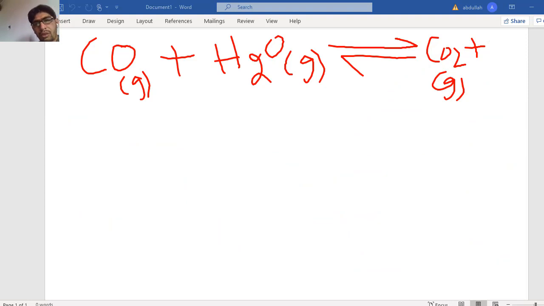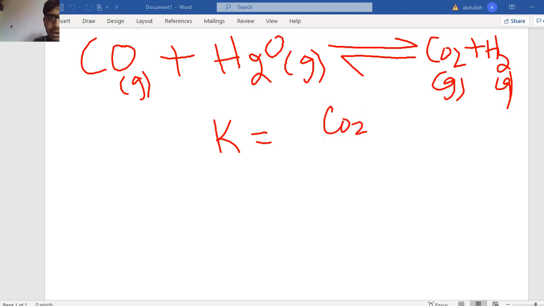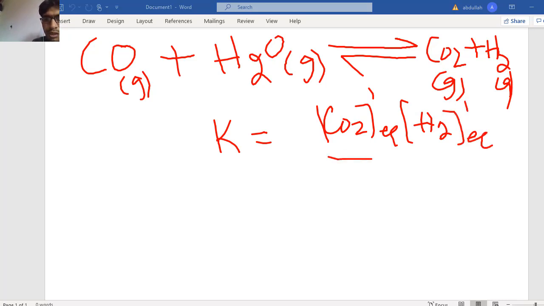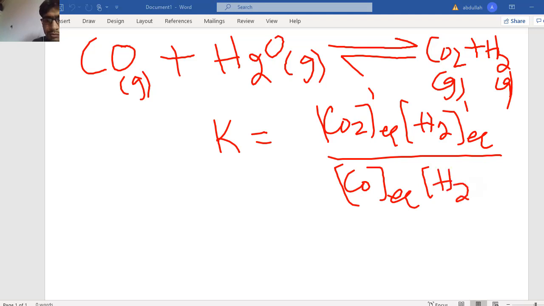The equilibrium constant is the product of the concentrations of the products at equilibrium divided by the product of the concentrations of the reactants at equilibrium.